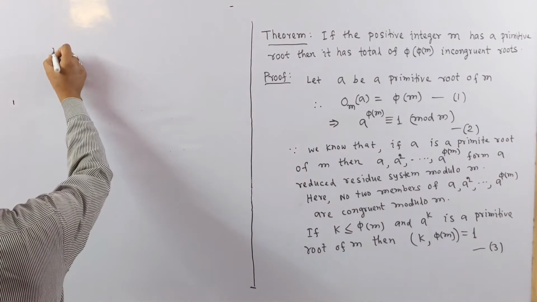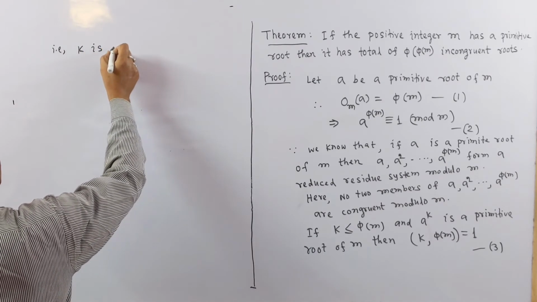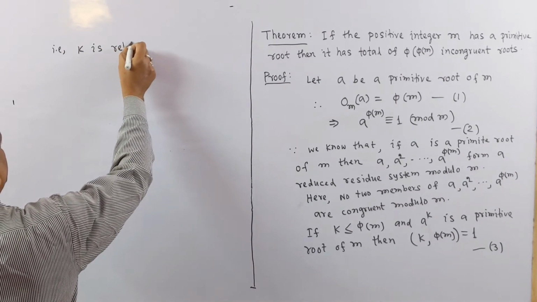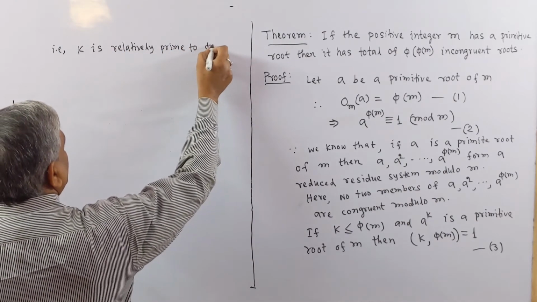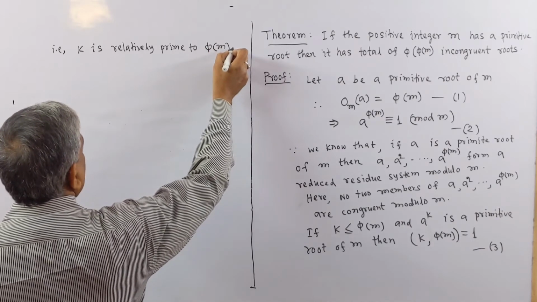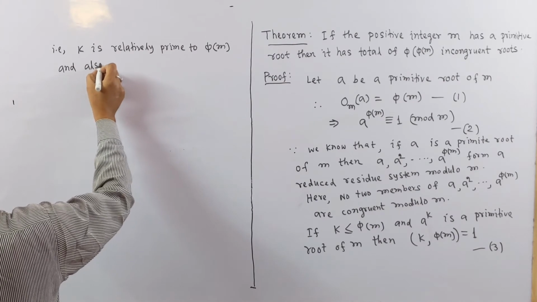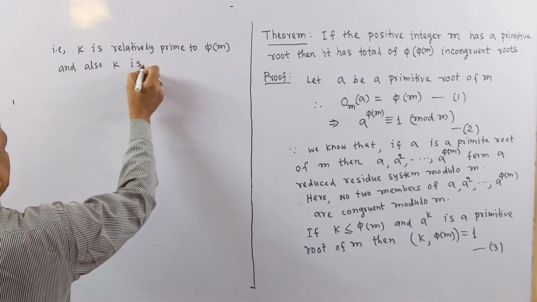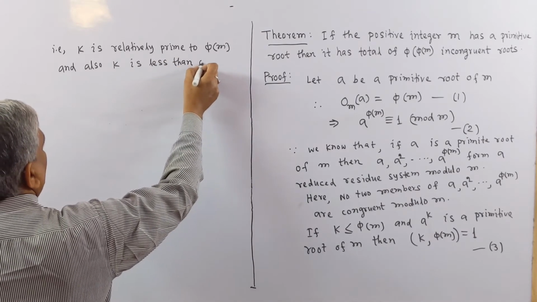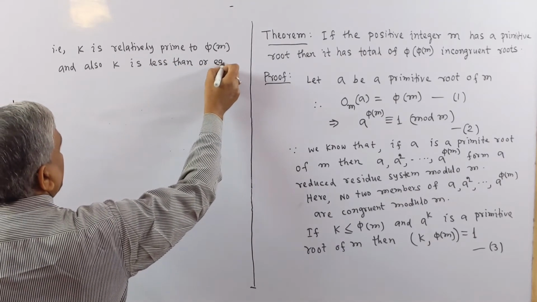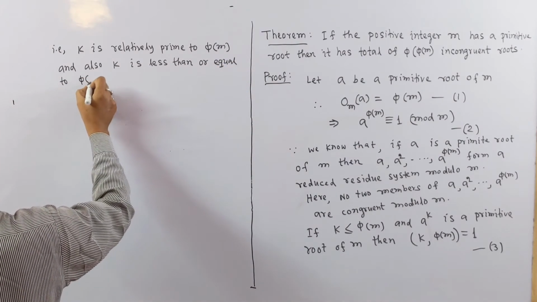That is, k is relatively prime to phi m, and also k is less than or equal to phi m.